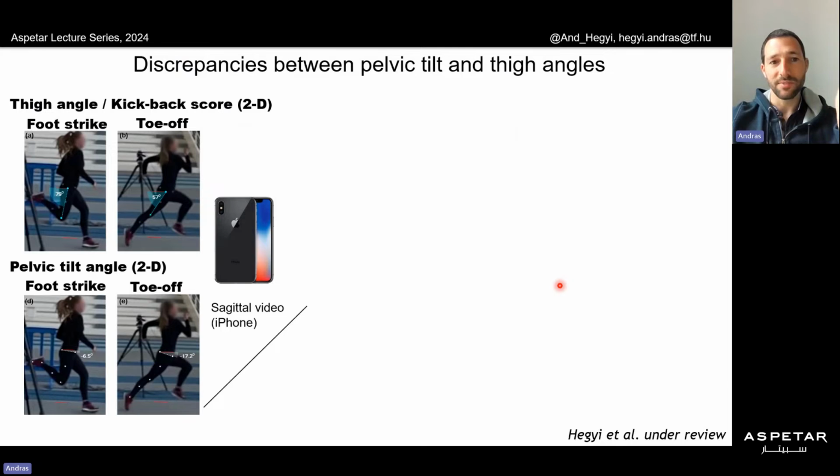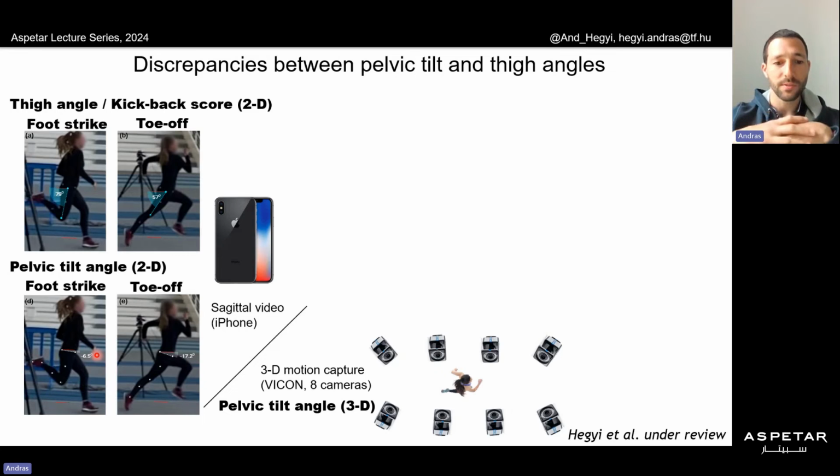So what we tried to do is to validate the kickback score, and we had some football players sprinting over ground. We calculated the kickback score from the thigh angle, and we also measured pelvic tilt based on the videos. We also put some markers on the leg, so we could have a more accurate measurement of the pelvic tilt compared to not using markers.